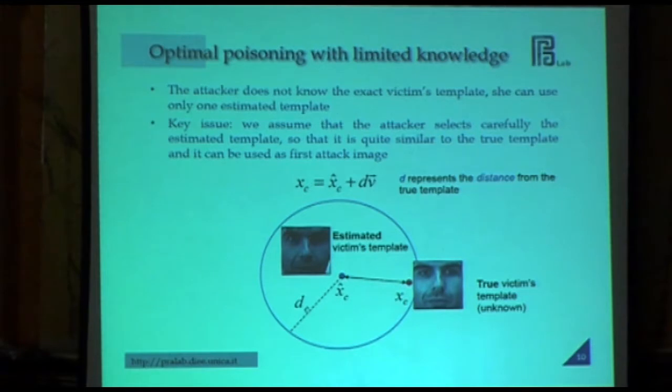These images could be taken from a website if you make some images available. This is a key assumption, and I want to stress that, because of course we are assuming that the attacker knows something of your appearance, so has at least one image that is quite close to yours, which can be used as the first attack image.